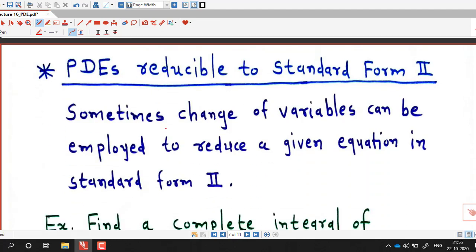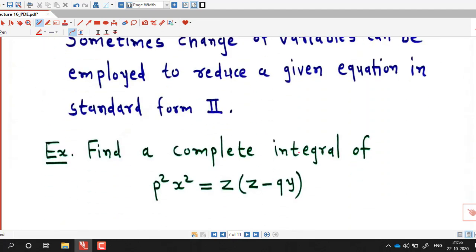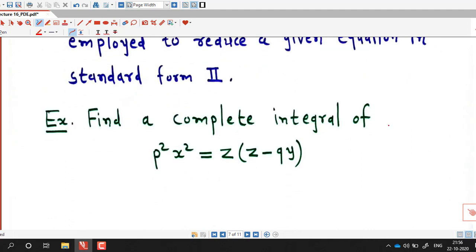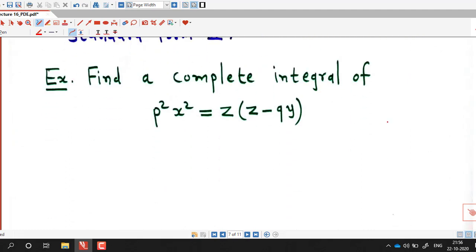So we consider this by an example. Find the complete integral of this equation. This is not in standard form 2 because we have x and y present. In standard form 2 we must have only p, q and z present. But by change of variables we will be able to convert this equation into standard form 2.